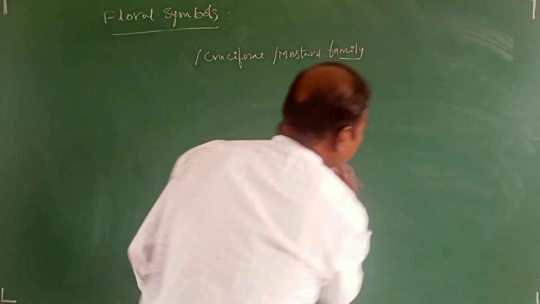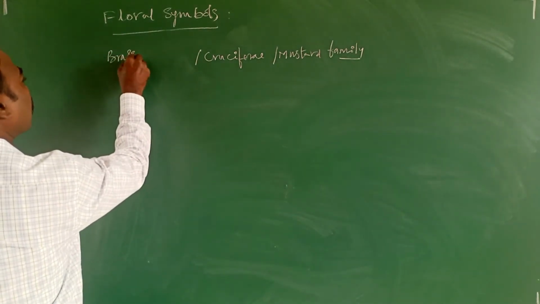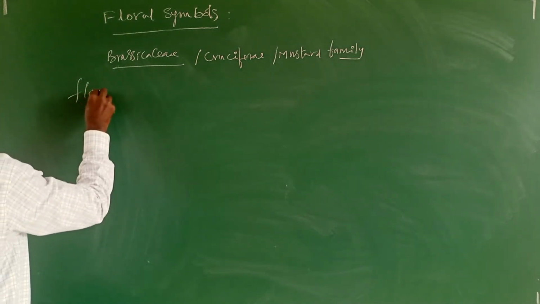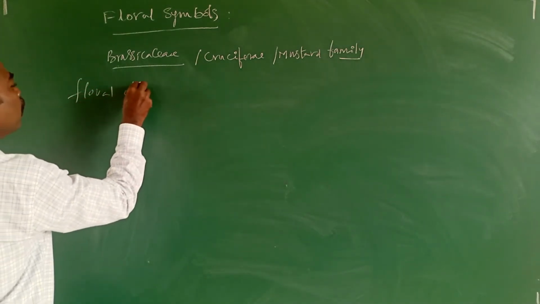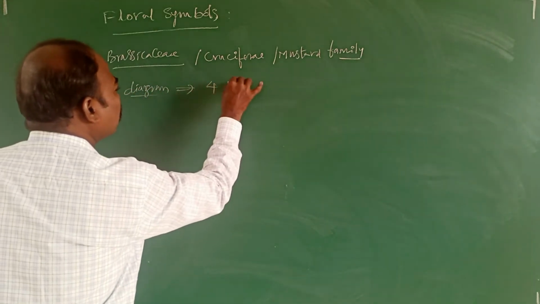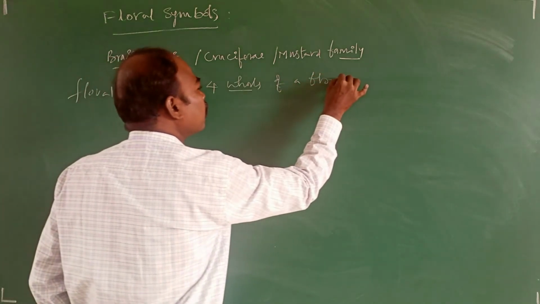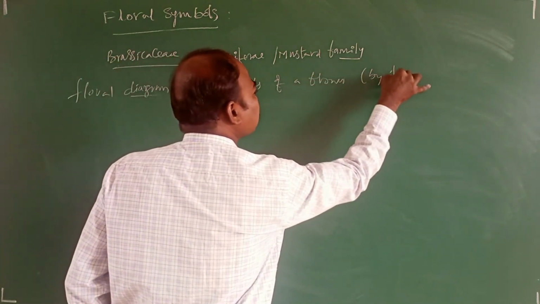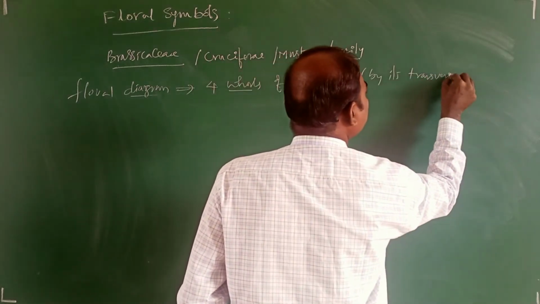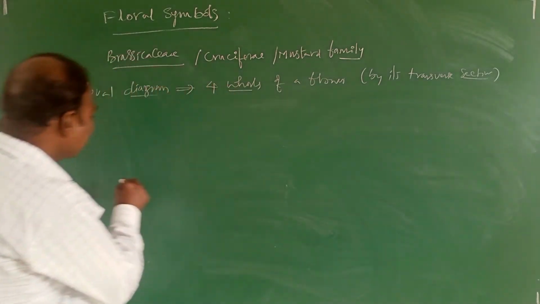A floral diagram indicates the 4 whorls of a flower by its transverse section.